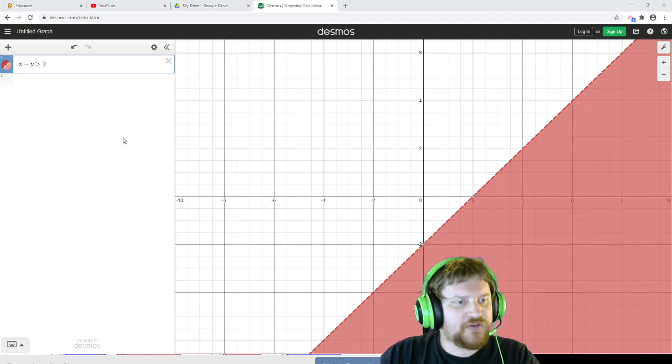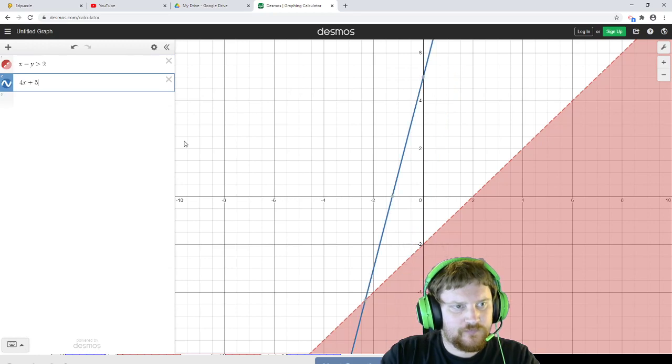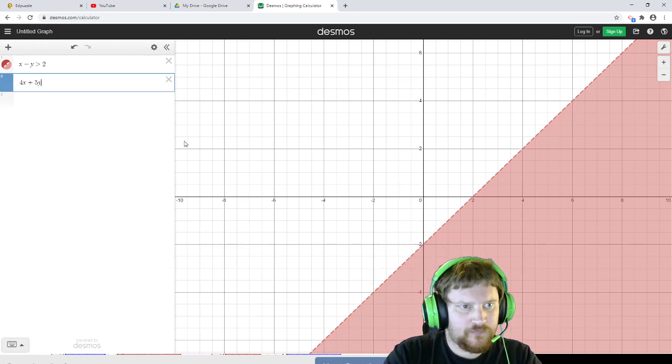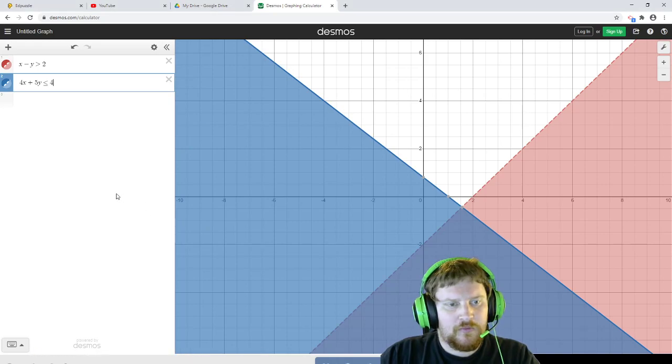And 4x plus 5y is less than or equal to 4. No, I had the right graph. I just saw something wrong in the solution points.